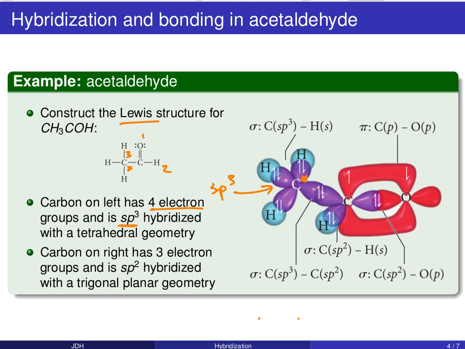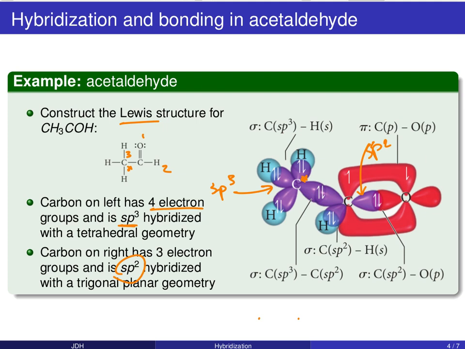Okay, so if you have an arrangement like this, then you're of course dealing with a trigonal planar geometry. So 3 electron groups, trigonal planar geometry, that's going to require an sp2 hybridization. So the orbitals here on this carbon atom on the right-hand side are actually sp2 hybrid orbitals.